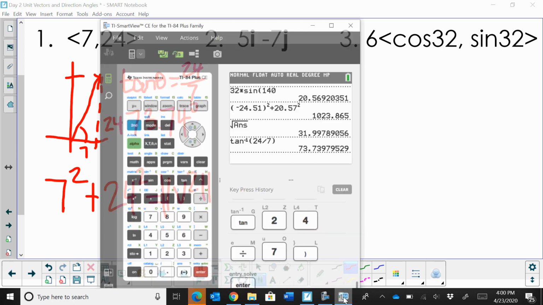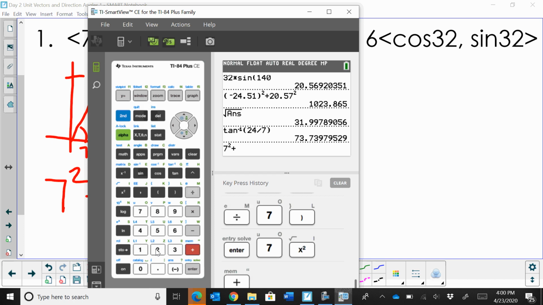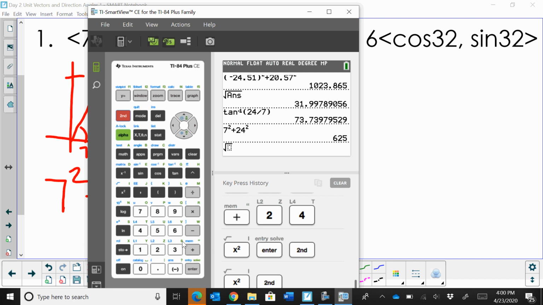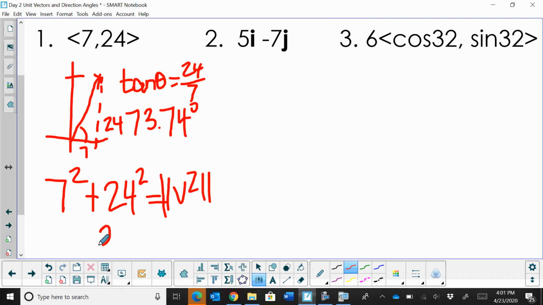Working this out, we're going to get 7 squared plus 24 squared, and take the square root of that, and that is going to give us 25. I should recognize that. Why didn't I recognize that? Okay, that's one of our triples we've learned this year. So the magnitude is 25.